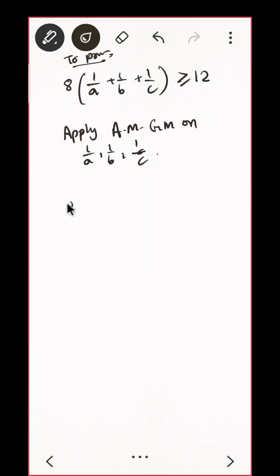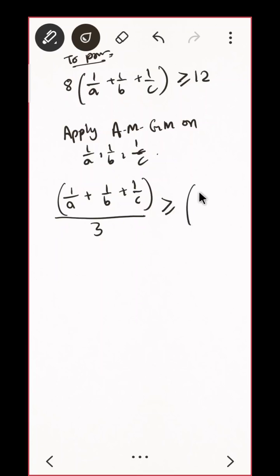That means 1 upon A plus 1 upon B plus 1 upon C, divided by 3, is greater than or equal to 1 upon A into 1 upon B into 1 upon C, whole raised to 1 by 3. Do you agree, everyone?